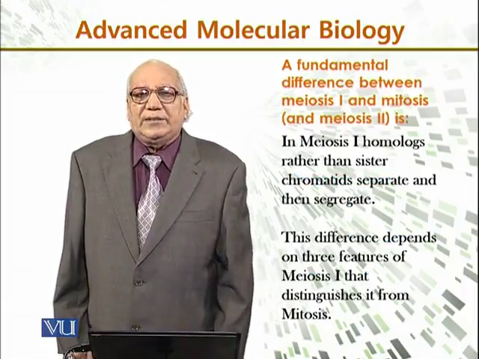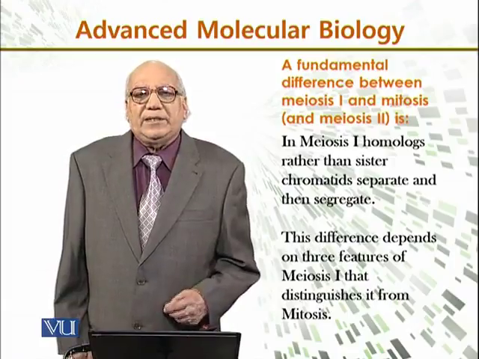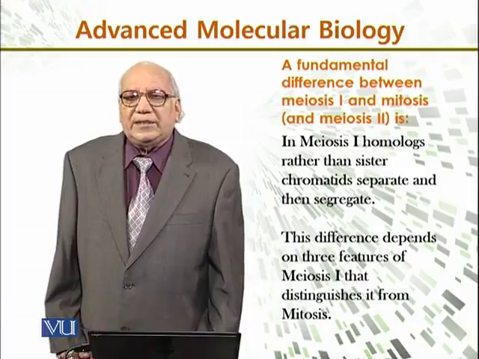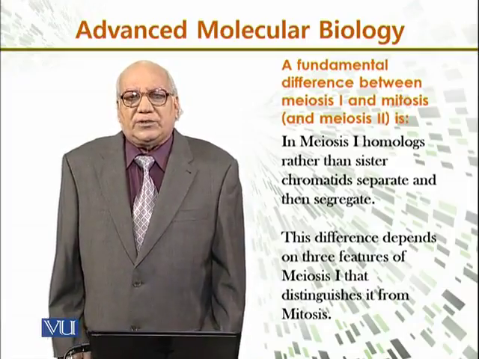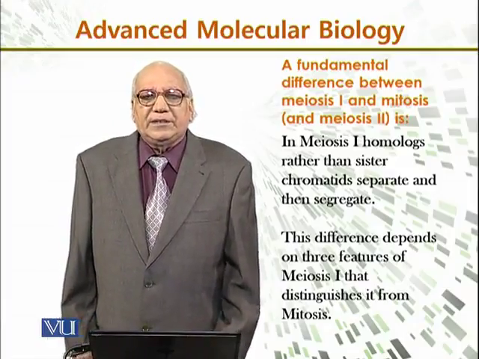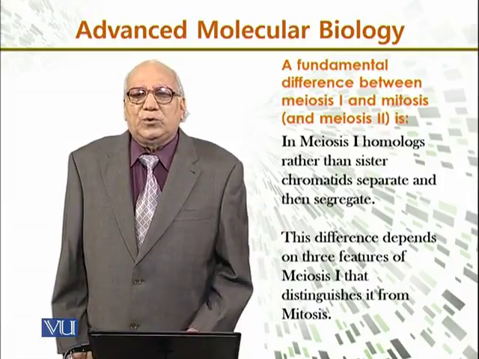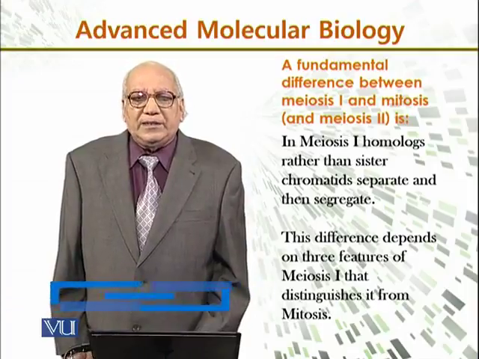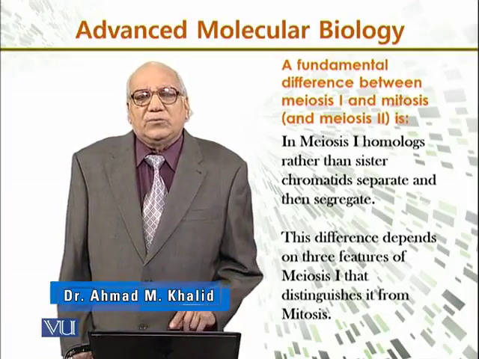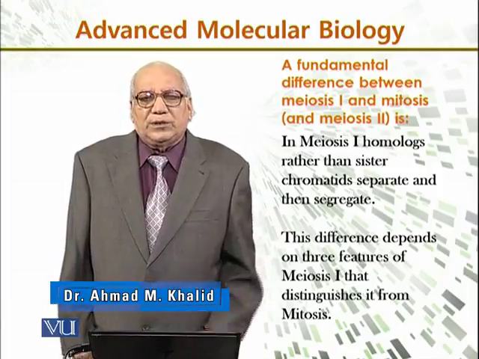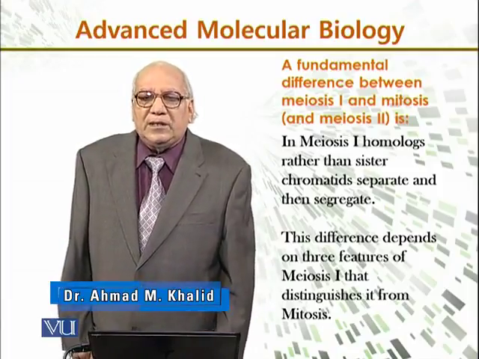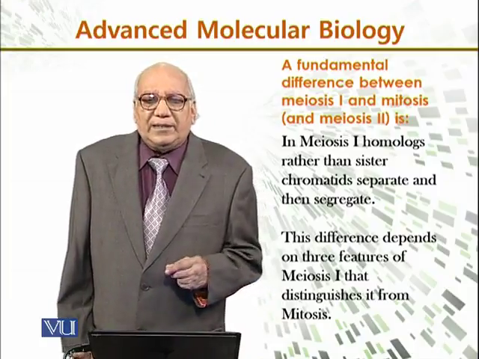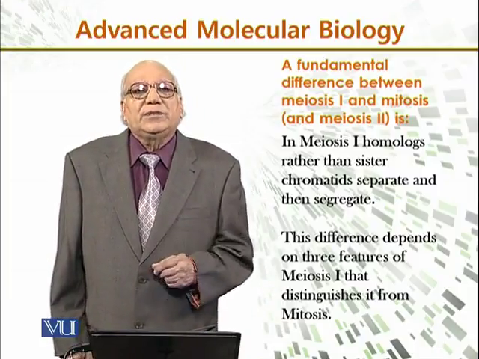We must understand that there is a fundamental difference between meiosis 1 and mitosis, which is called meiosis 2, and that difference is that in meiosis 1, homologs rather than sister chromatids separate and then segregate. वो अलहदा होते हैं और फिर जुड़ जाते हैं. This difference depends on three features of meiosis 1 that distinguish it from mitosis.